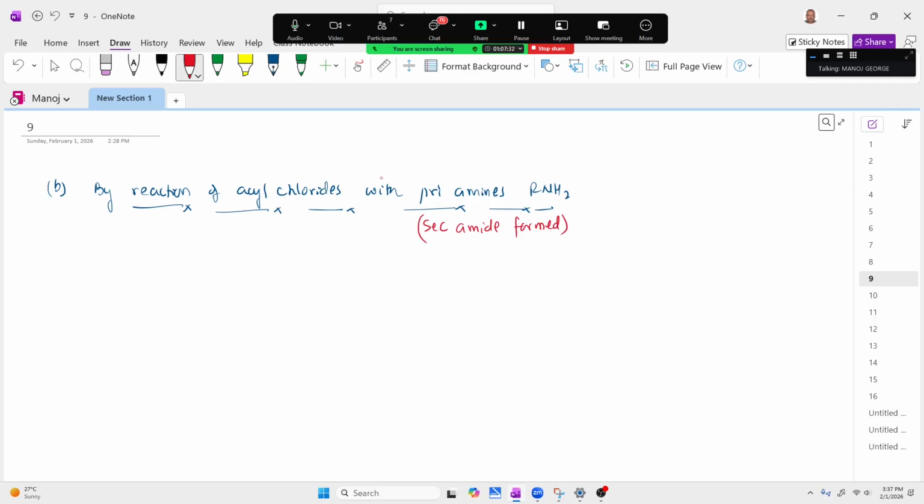So how does a secondary amide look like? So this is a C double bond O. See, this is called a primary amide. So when I say a secondary amide, it looks like this. So there is an R here and there is an R here. Did you see the difference? Okay, this is what a secondary amide looks like.